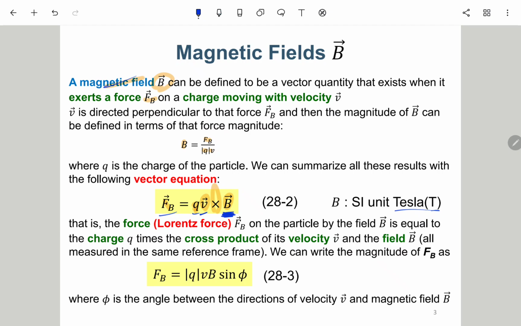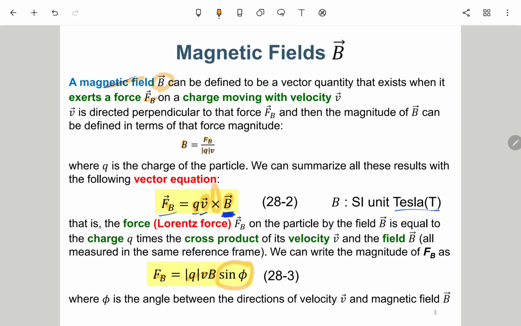So this is the cross product, and if we try to make it a scalar form, it could also be F_B equals Q, which is a scalar, so nothing special. V will be the magnitude of the velocity, and then the magnitude of the B field, and then we need to multiply by sine of phi.